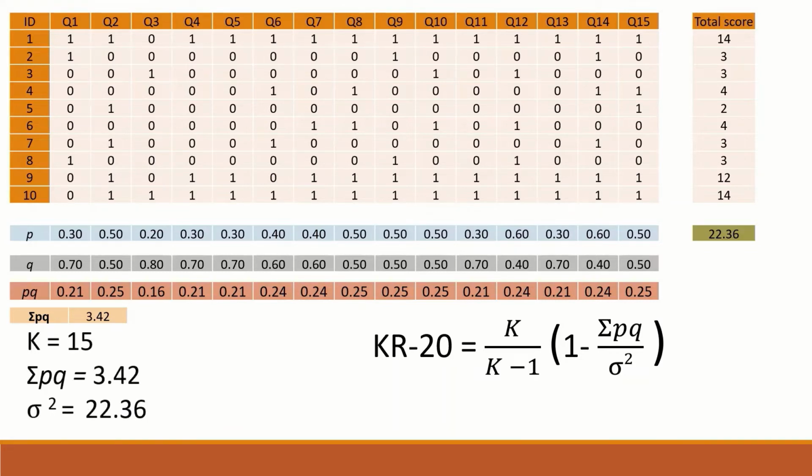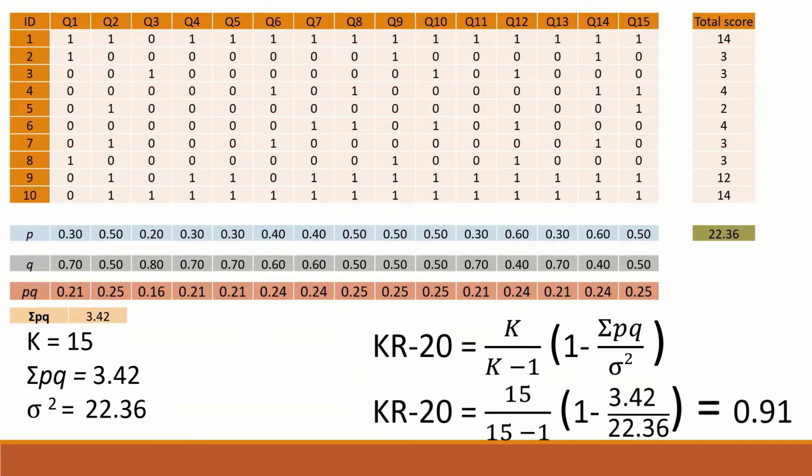Now, most of the values are ready to be replaced and inserted into the equation. As shown here, k represents the number of questions or items, and in this case k equals 15.